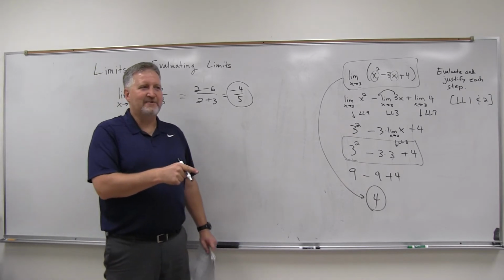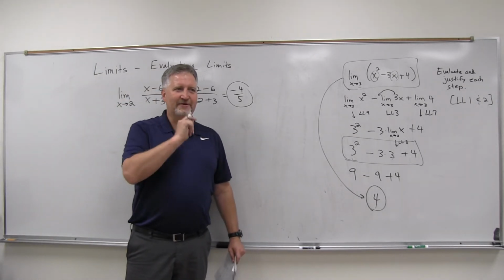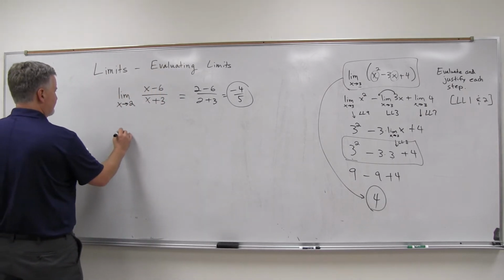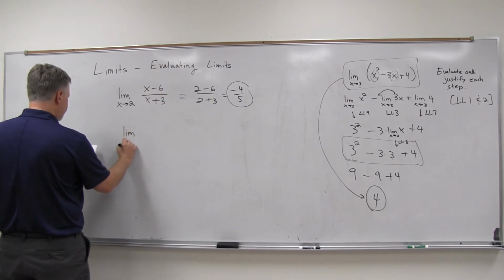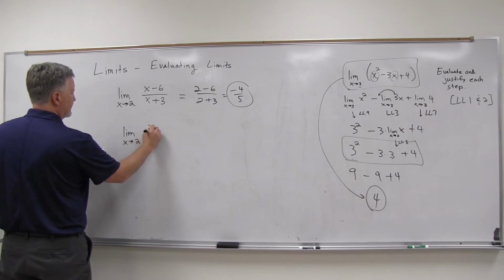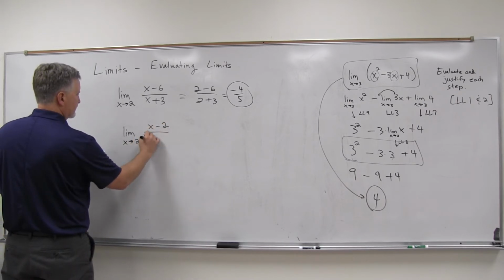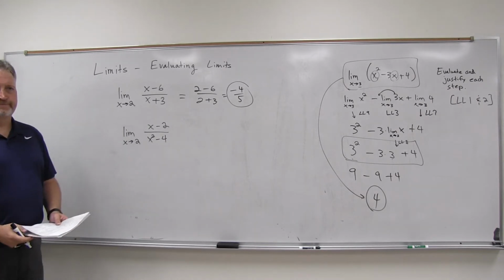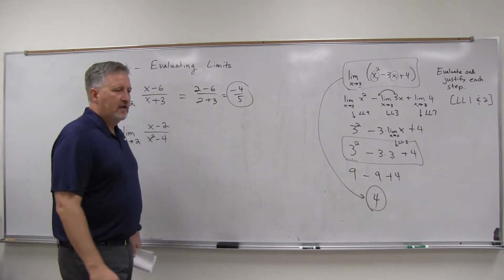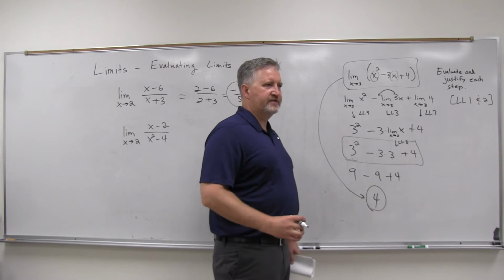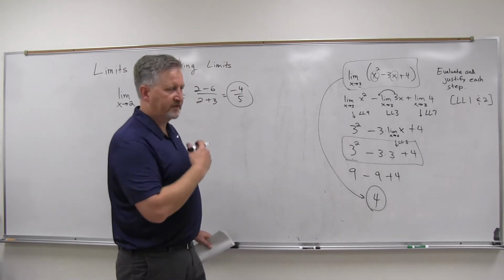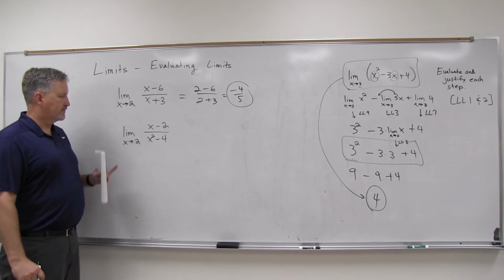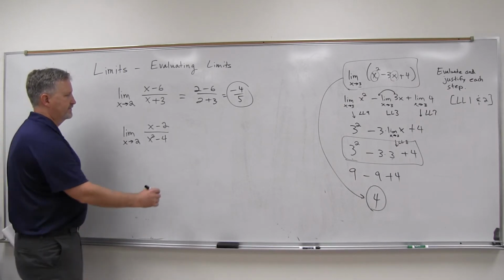Okay. So this is good news. Now, the little bit of bad news that comes with that is we're going to run into ones like this. Say I have the limit as x approaches 2 of x minus 2 over x squared minus 4. The problem with this one, using the limit laws, is if I plugged in the 2, what do I get?